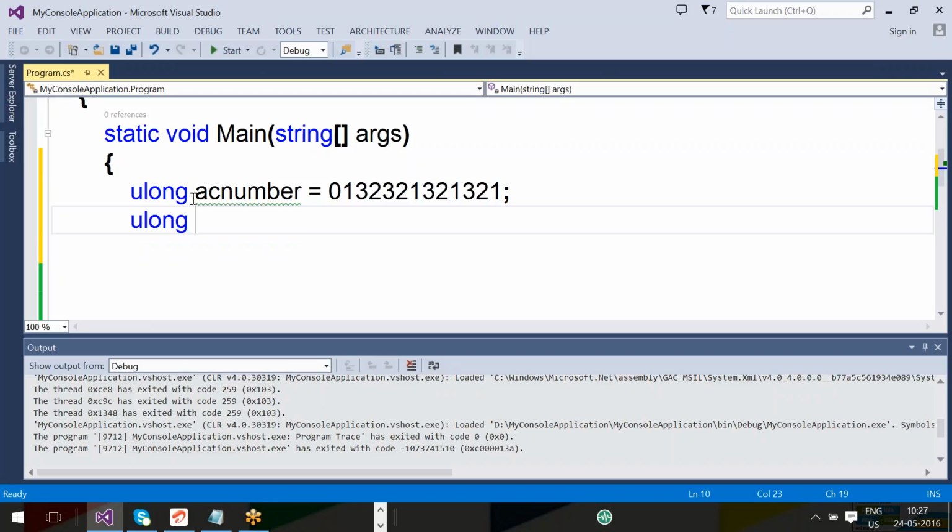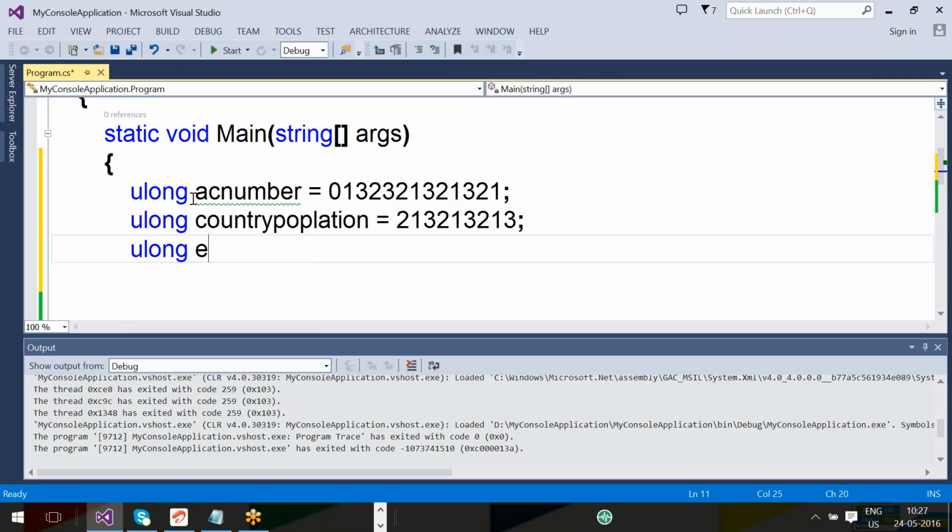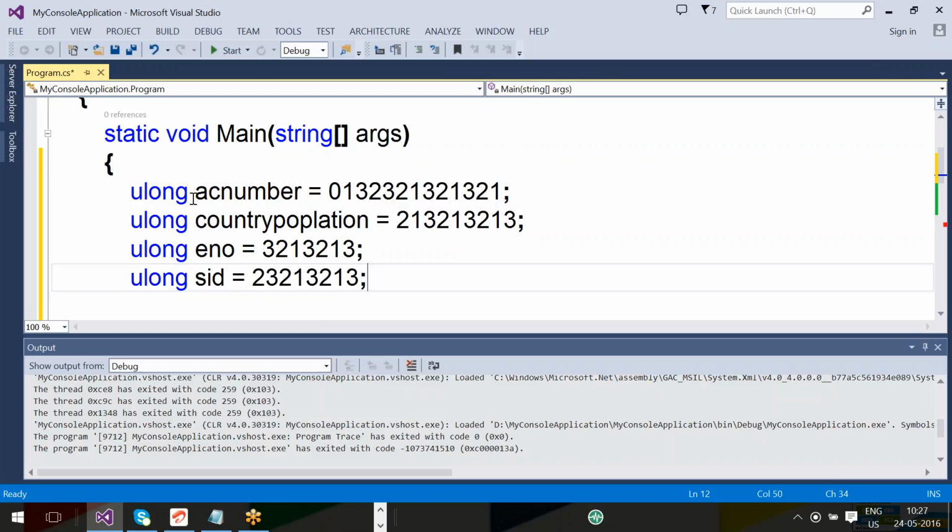Country population, and employee number, because in a company you sometimes have lakhs of employees. Next, student number or hall ticket number.